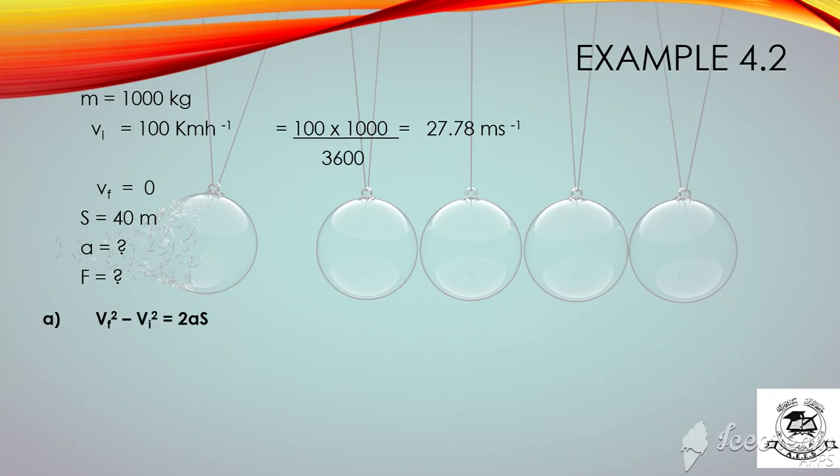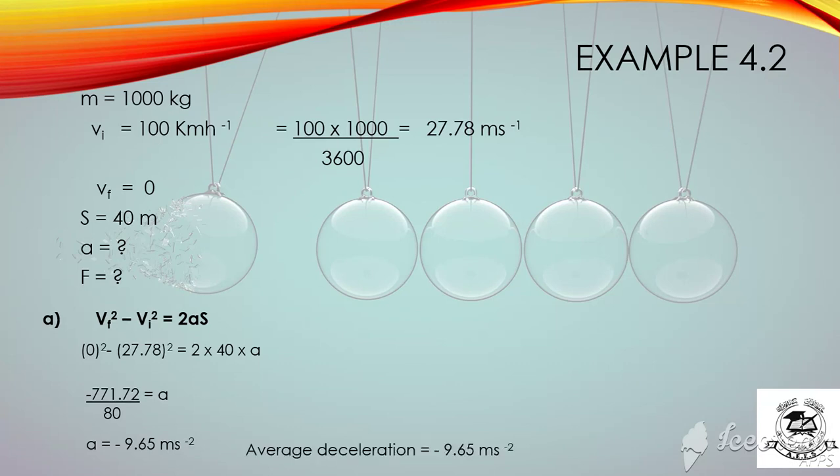Okay, so to find the acceleration, we will use the formula Vf squared minus Vi squared is equal to 2as. When we insert the values, we get 0 squared minus 27.78 squared is equal to 2 into 40 into a. Multiplying, we get minus 771.72 divided by 80 is equal to a, and that becomes minus 9.65 meters per second squared.